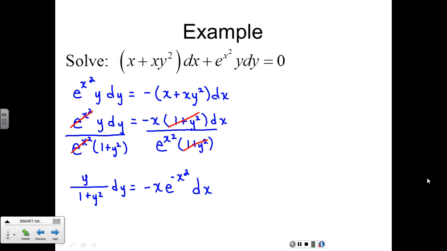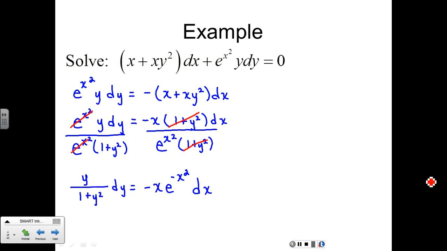Because the x squared is in the denominator, I just brought it up and made the exponent negative. So now it's just a pain of integrating.